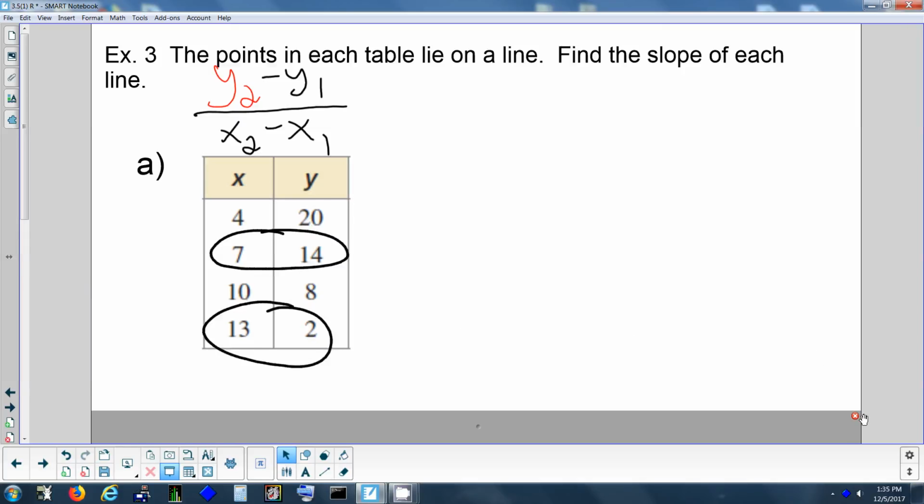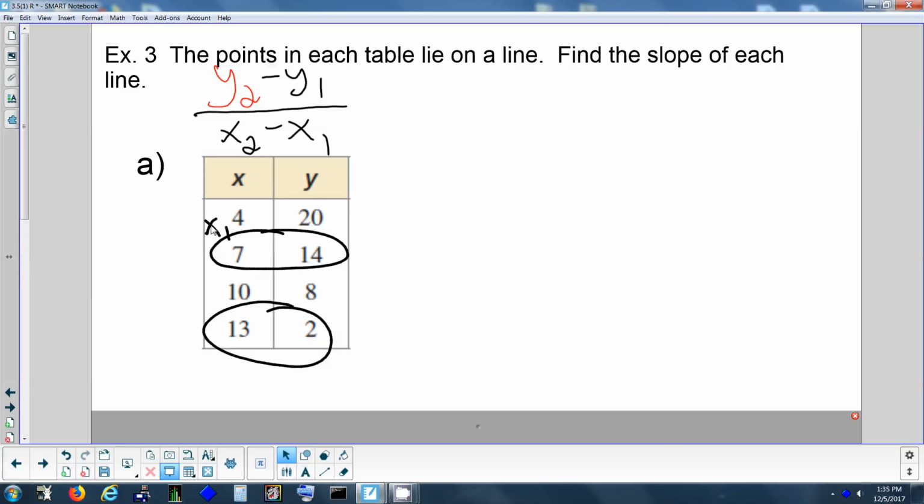Now, here's my formula. What I always do is label first. Let's say these are my first coordinates. What would I label 7 as? x1.